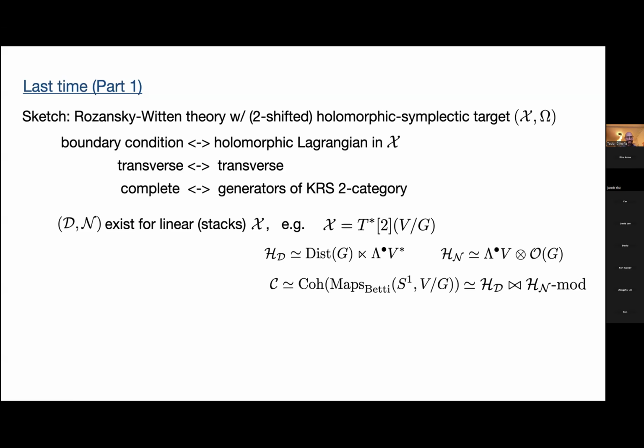Yeah, so the best definition I have for that is what Kapustin, Rozansky, and Saulina wrote down. And what did they write down? So the objects are coherent sheaves over holomorphic Lagrangians, and morphisms are given by categories of matrix factorizations.